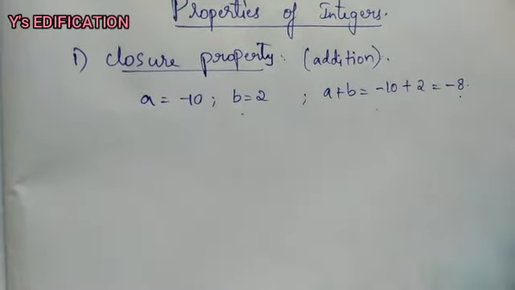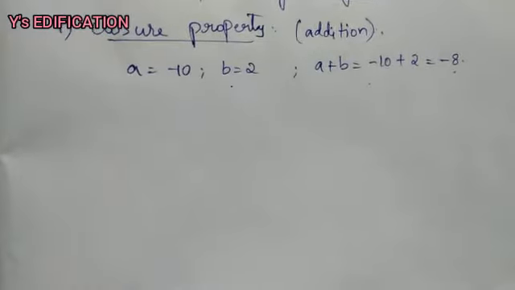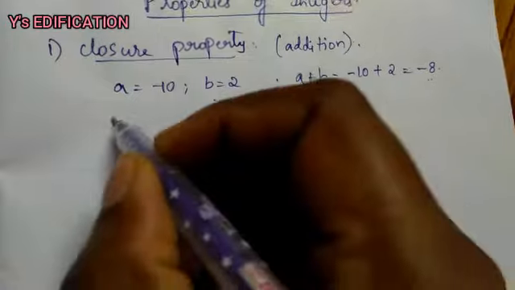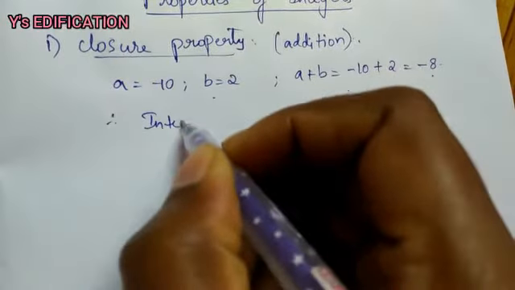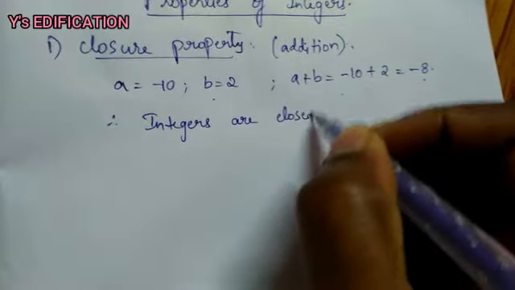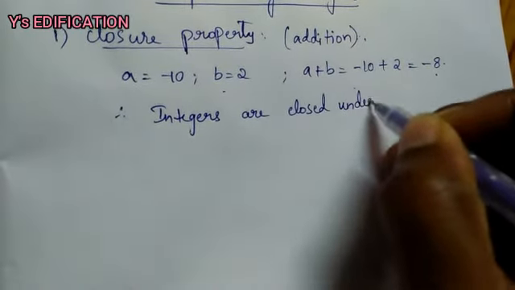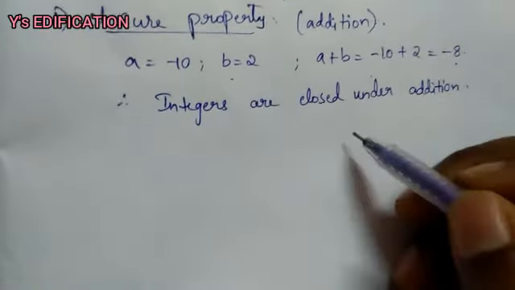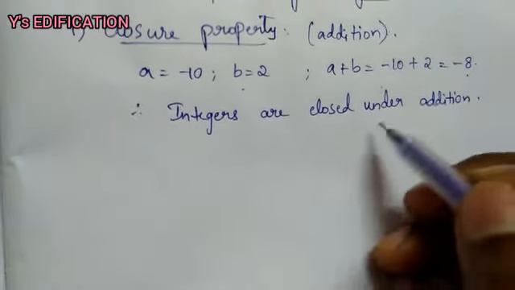That means integers follow closure property under addition. So we can say that integers are closed under addition.